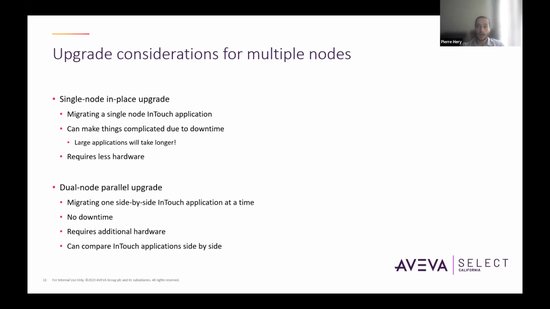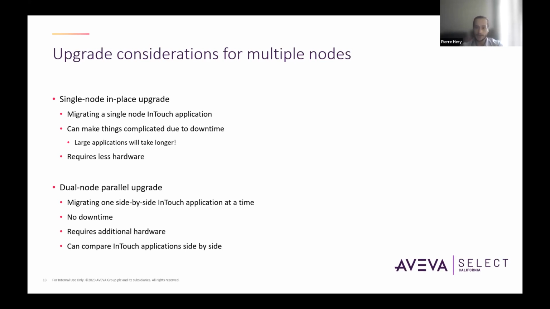If you have a large application, that could potentially take down your production for a little bit of time. The larger the application, the longer it will take down your operation. But the positive to this single node in-place upgrade is that it doesn't require any additional hardware, versus the alternative that does require additional hardware.